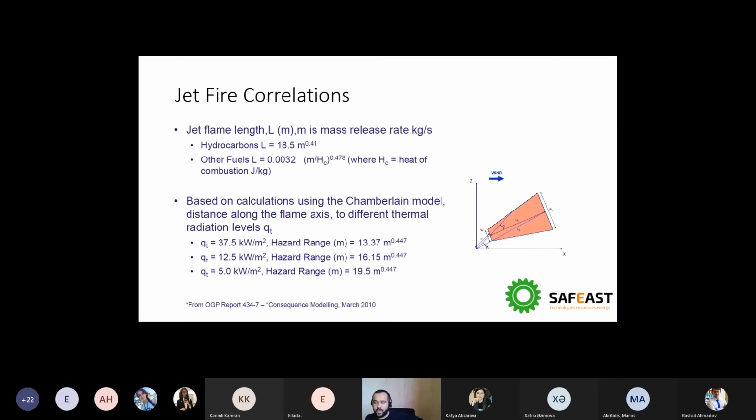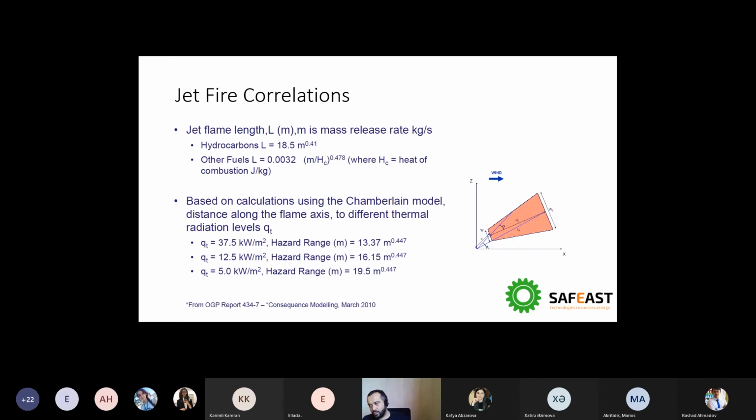And for jet fire, for hand calculation or for certain understanding, you can use correlations. There are already some famous correlations, which you can find in the OGP report as well. One of them is from Chamberlain.